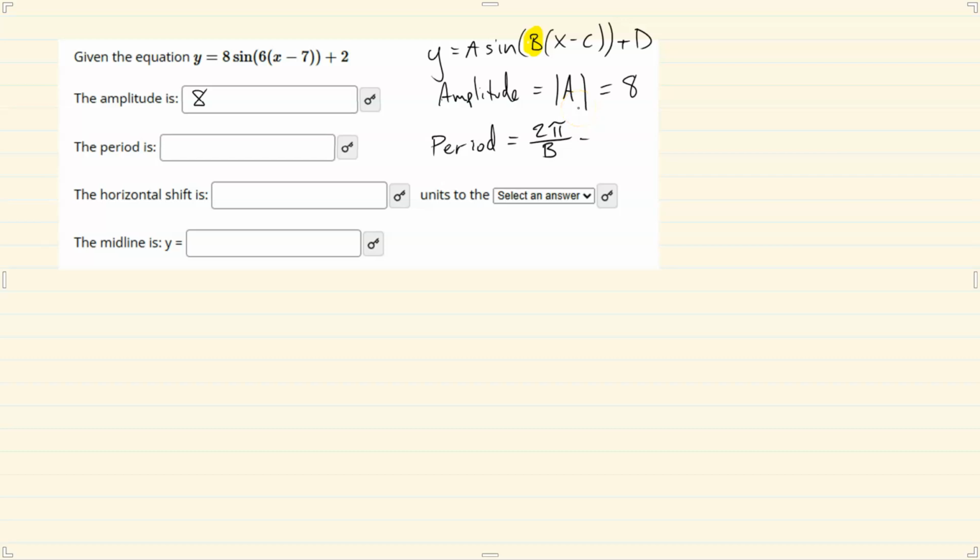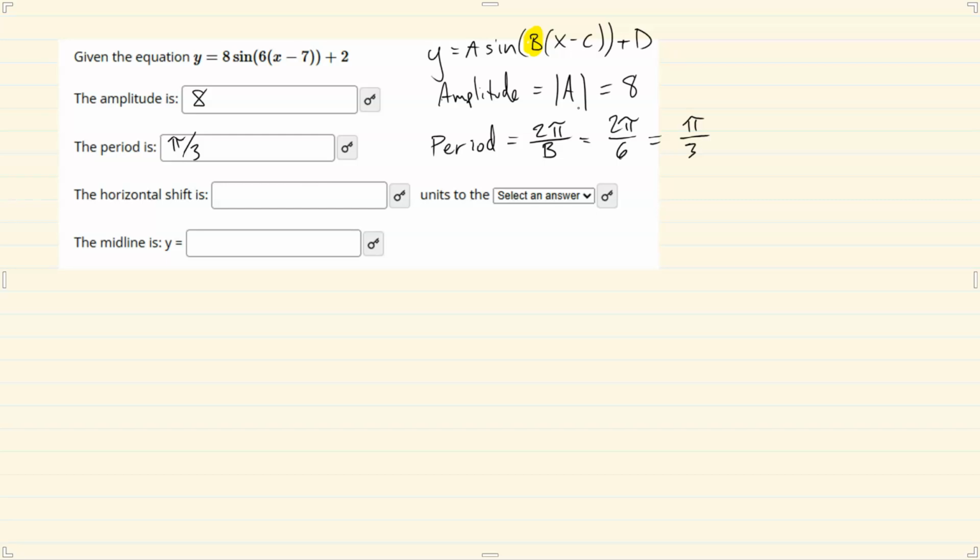And so we would get 2 pi over 6. And this would simplify to pi over 3. All right, so there's the period.